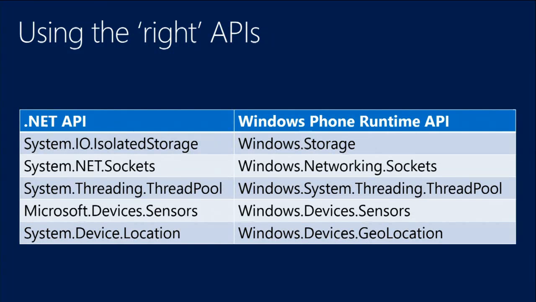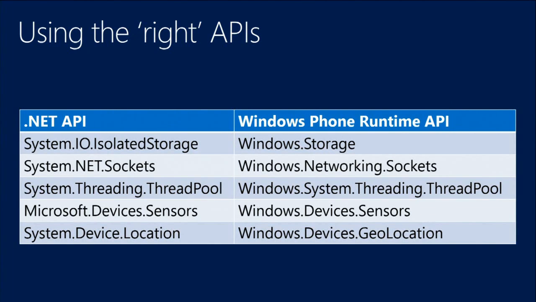A Windows Phone runtime API, the WinPRT API, typically starts with Windows followed by something, like Windows.Storage. What you also will see if you make use of the Windows Phone runtime APIs is that methods inside those APIs very often end with an Async postfix. So CreateFileAsync, ReadFileAsync. In .NET APIs, you don't necessarily see that.